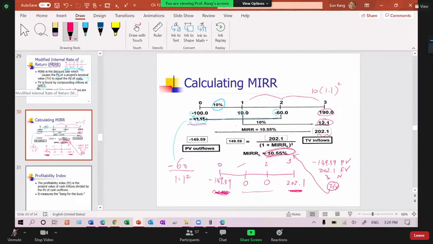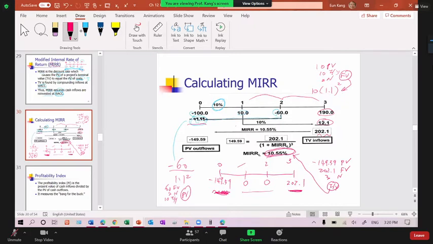So this one is 10 present value, 10 IY, and 2N, and hit future value. And this one is the same thing, right? 60 future value, 2N, 10 IY, and hit present value.